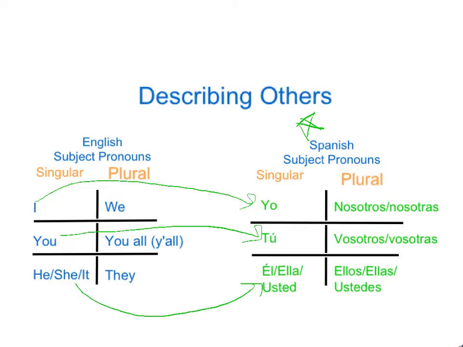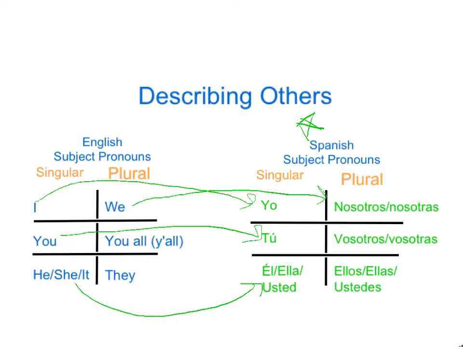The pronouns that are brand new to us now are the plural ones. And those are the ones, of course, where more than one person is involved. Now, if we're looking at we in English, that would be the nosotros subject pronoun in Spanish. Or if it's we, meaning you're a girl and you're talking about other girls only, we would use nosotras.